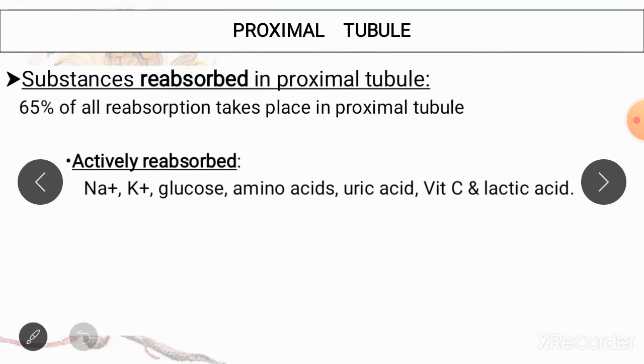So 65% of water is also reabsorbed in the proximal convoluted tubule. And remember, 100% of glucose and 100% of amino acids are reabsorbed in the proximal part of the proximal convoluted tubule.